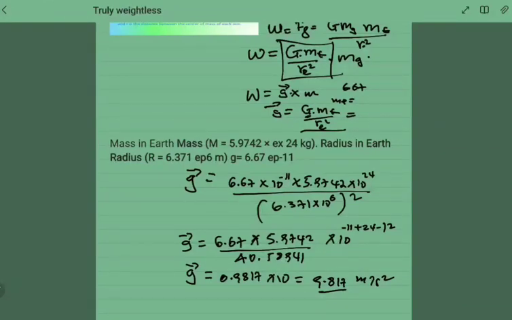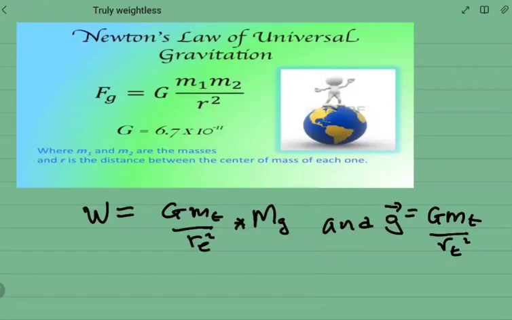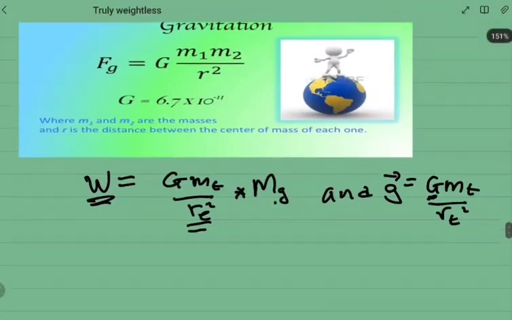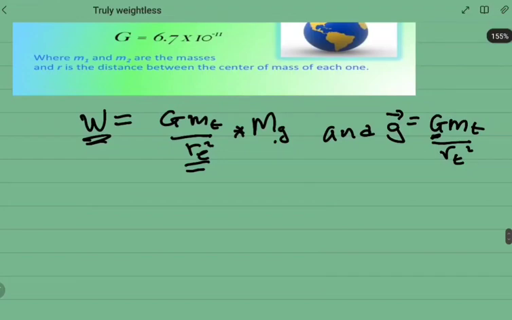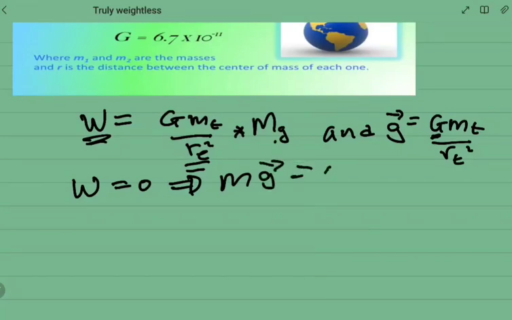Now let's talk about the weight. The weight of somebody is G times the mass of the earth divided by the radius of the earth squared, times the mass of the person, and g is the acceleration due to gravity. Now the weight of somebody is 0 when the mass times gravity is 0, but the mass cannot be 0.